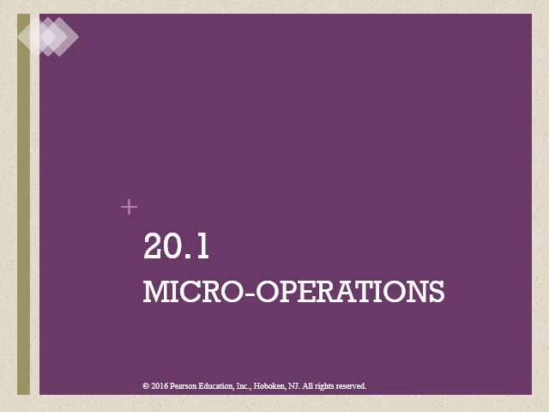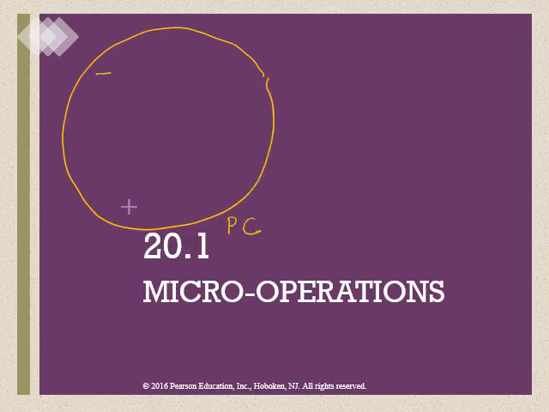Before we begin our discussion, let us see where we stand in terms of the structure of the computer. So in a computer, in a PC, we have I/O, we have memory, and we have CPU.